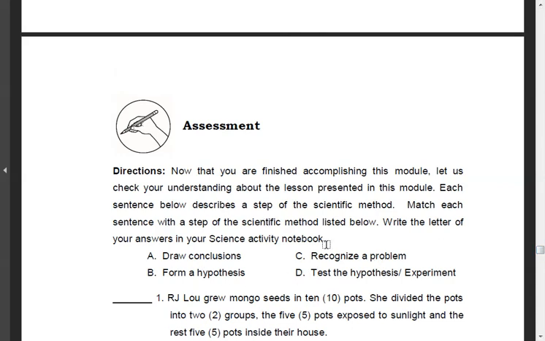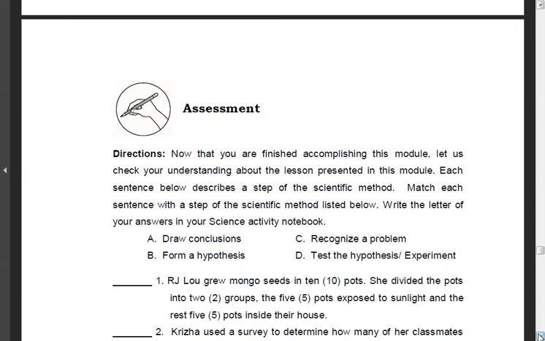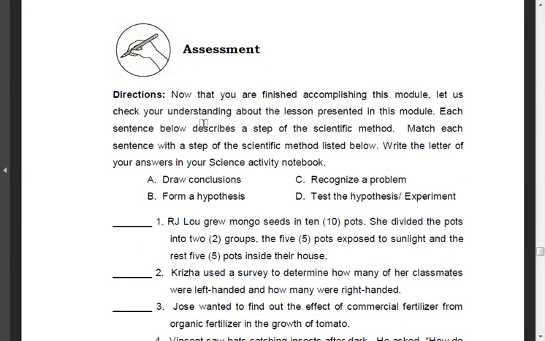You only have 4 choices here. A, draw conclusions. B, form a hypothesis. C, recognize a problem. And D, test the hypothesis or experiment. For every situation, you just choose one letter. Those are 15 items.